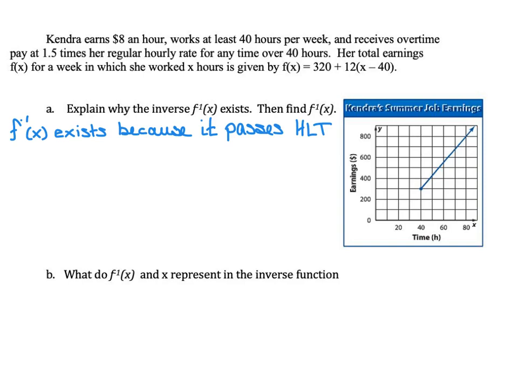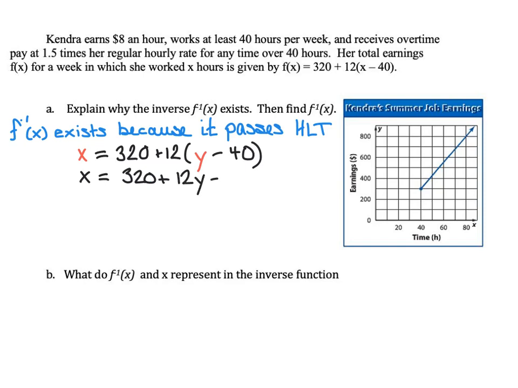So f inverse of x exists because it passes the horizontal line test. Now let's find the inverse by switching our x and y. And then we're going to do the algebra and solve for y. So this produces 320 plus 12y minus 480.